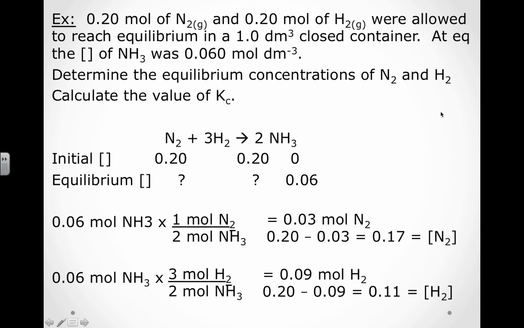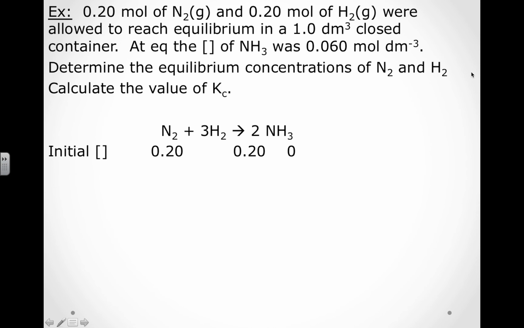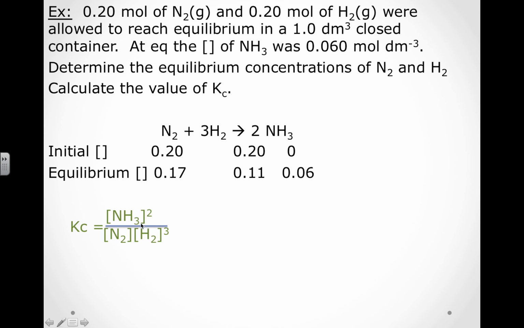Okay, so we just did that first part. Now we're going to calculate the value of Kc. We have our equilibrium concentrations now. We're going to write our Kc expression. It'll be products over reactants. So ammonia squared over the product of nitrogen times hydrogen cubed. And we're going to put in our values.